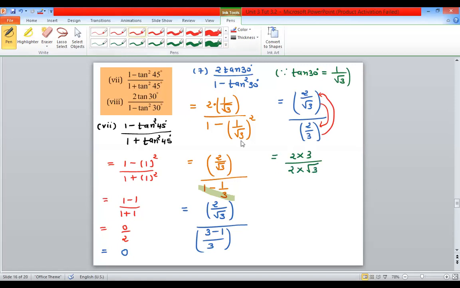First of all, cut it if possible. 2 cancels. The remaining term is 3 over root 3. But you all know that 3 is written as under root 3 multiplied twice. Cancel it. So your answer is 1 upon under root 3.